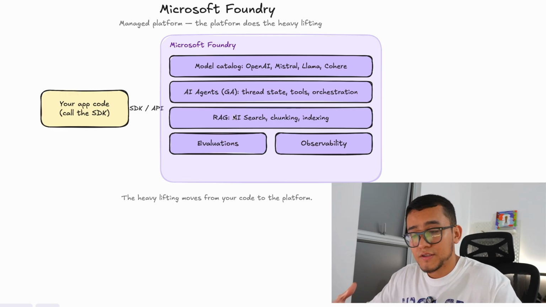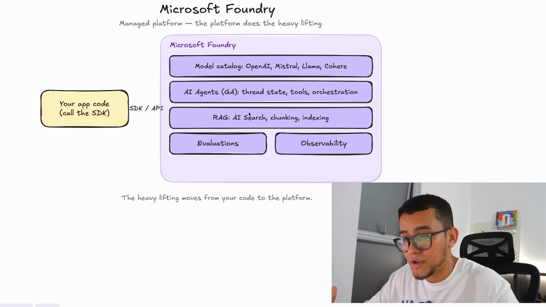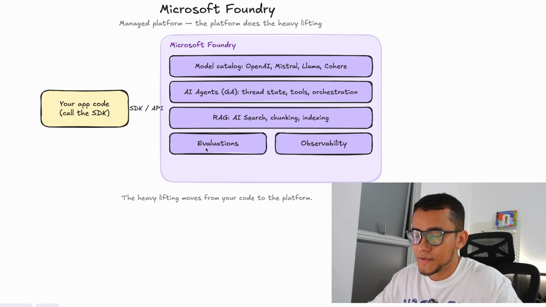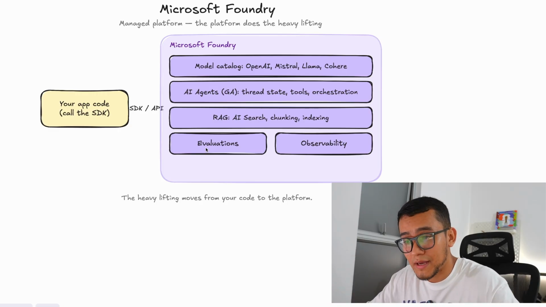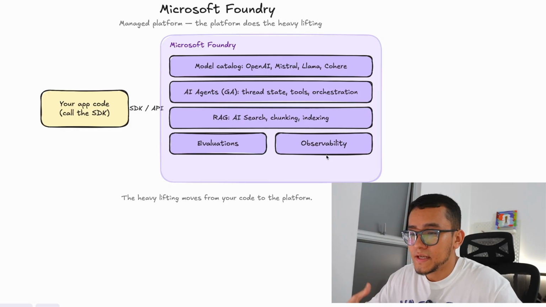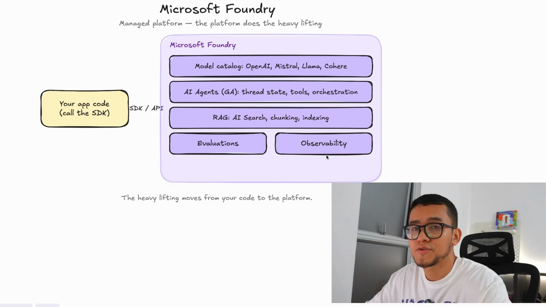We have Azure AI Search integration, chunking, vectorization, index management, all directly wired into the Foundry project. We have also evaluations. It's a framework for testing the model quality, safety, performance, and so on. We can run evaluations programmatically or through the portal. And finally, we have observability, tracing, metrics, monitoring hooks that plug into Azure Monitor.